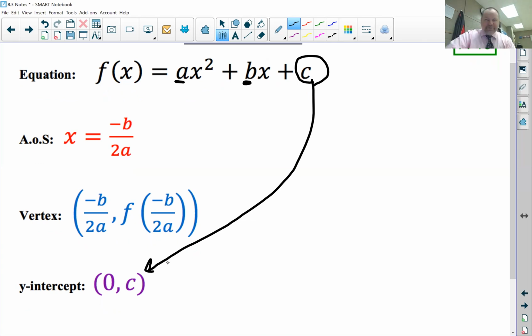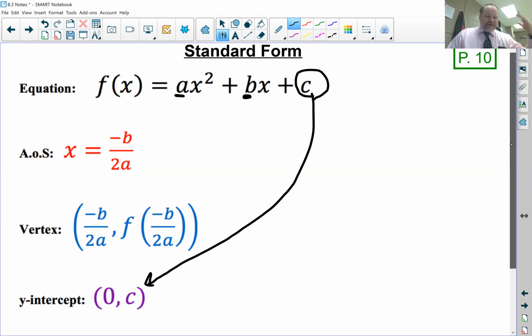In vertex form, the vertex is usually a little bit easier to find, and it takes a little bit of work to figure out the y-intercept. So there's a give and take, advantages and disadvantages to each form. We will also look at how to write our equation in vertex form if we start in standard form, and how to rewrite in standard form if we're in vertex form. That'll be how we end class.